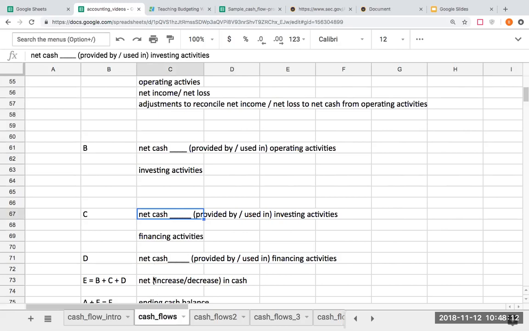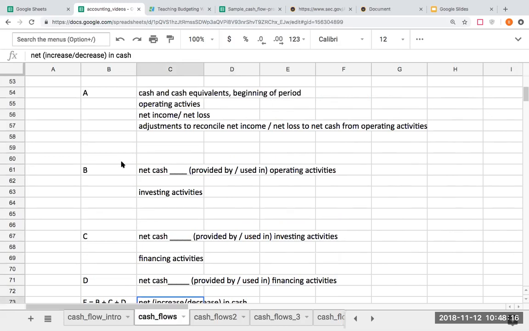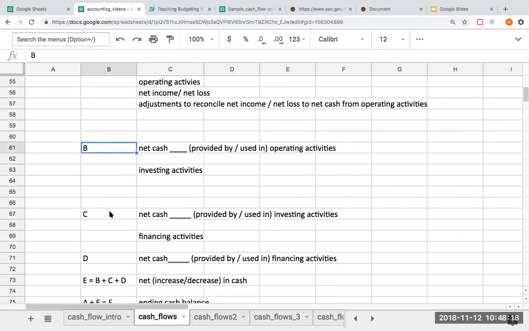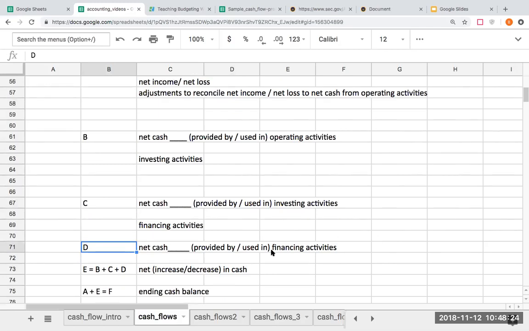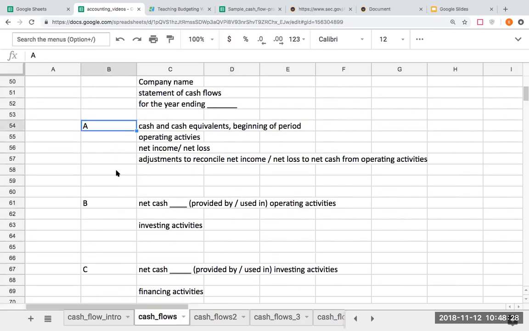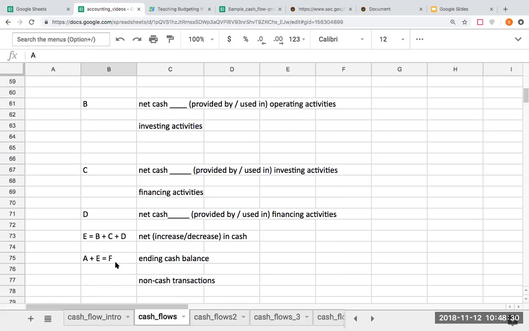My net increase in cash is the sum of the operating, investing, and financing. I then take that increase in cash and add it to my beginning cash balance, and that gives me my ending cash balance.